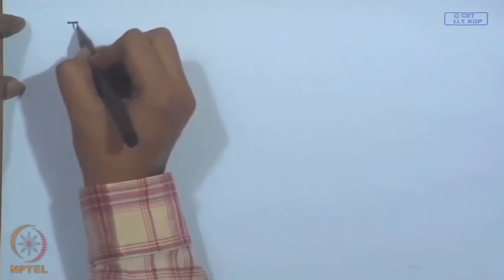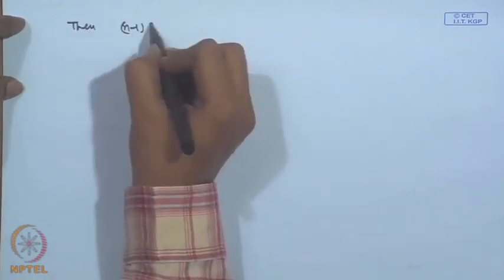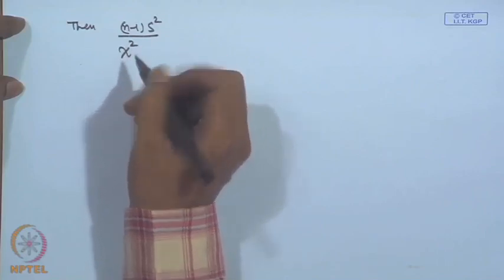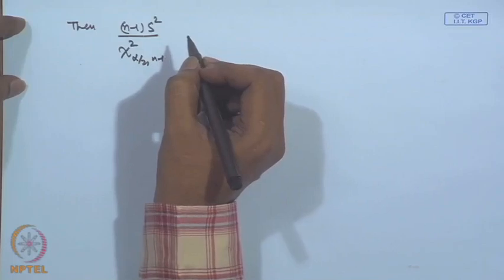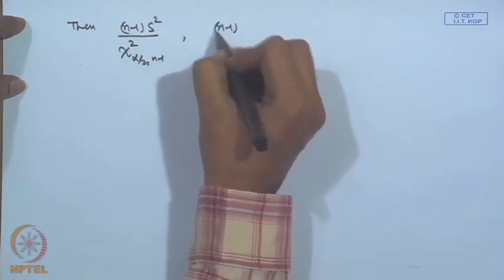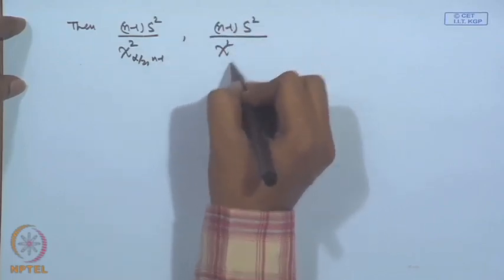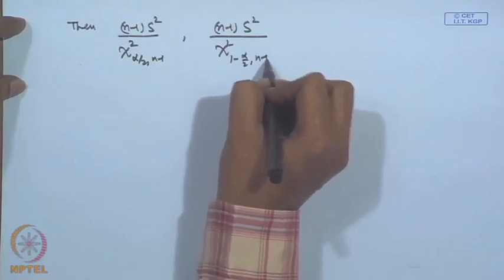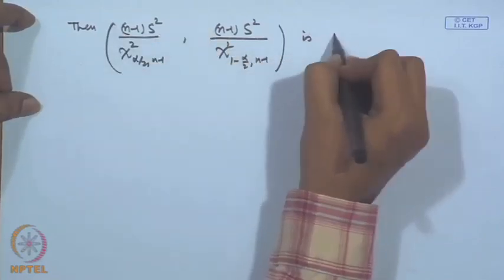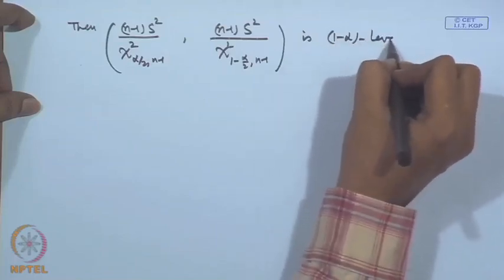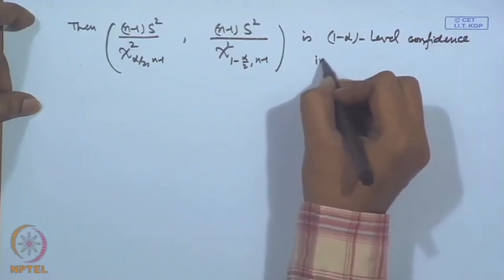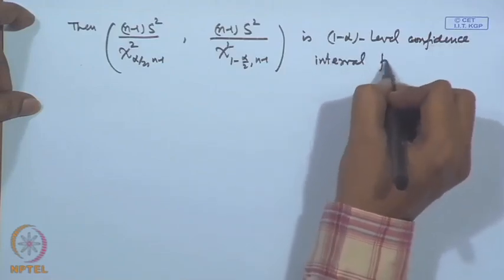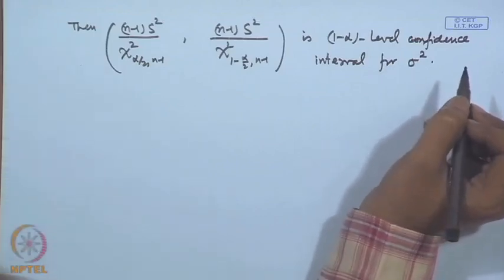In that case, (n minus 1) S square by chi square alpha by 2, n minus 1, to (n minus 1) S square by chi square 1 minus alpha by 2, n minus 1, is the 1 minus alpha level confidence interval for sigma square.